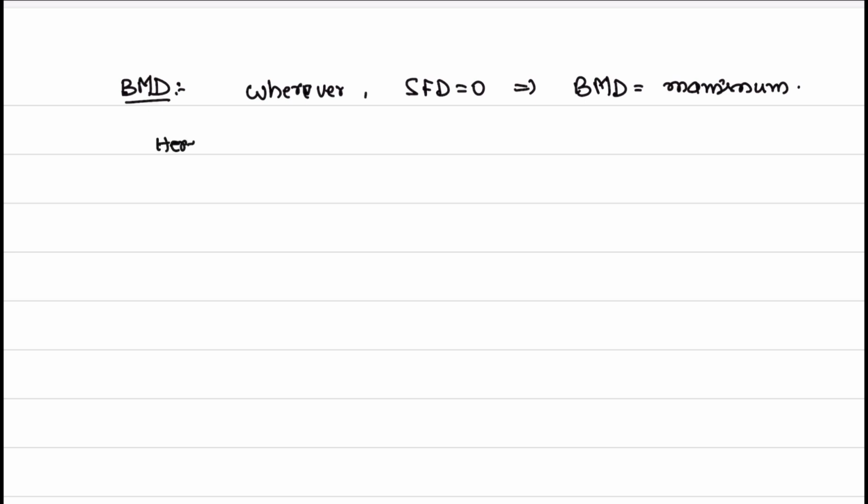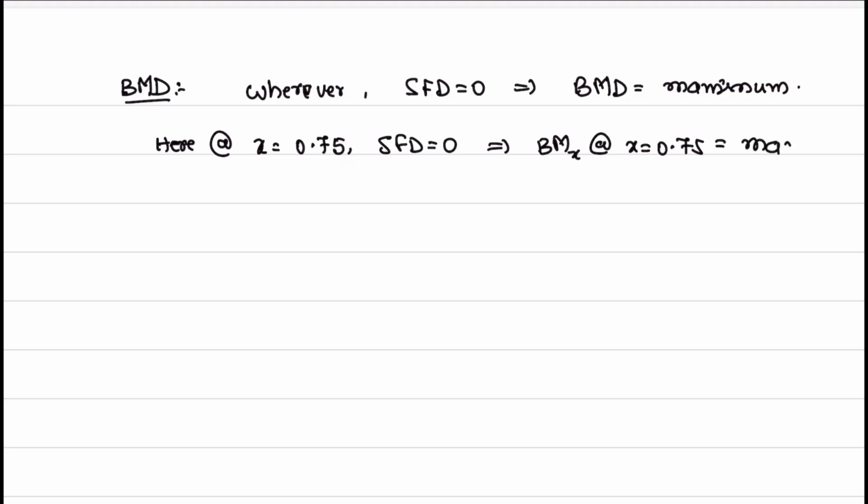Here at X is equal to 0.75, SFD is equal to 0. That implies BMX at X is equal to 0.75 is maximum.